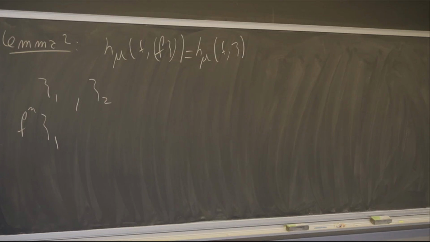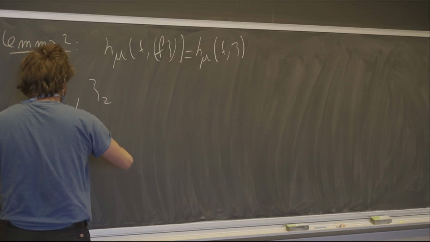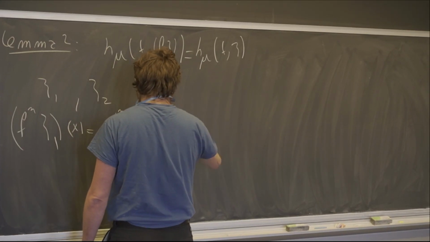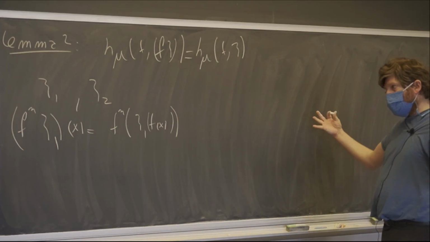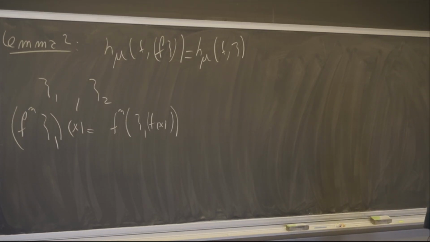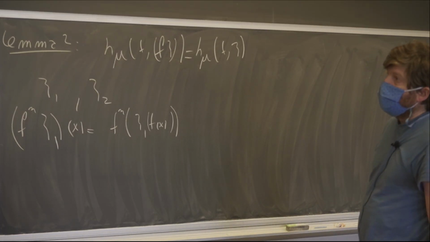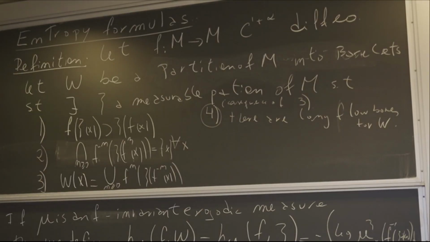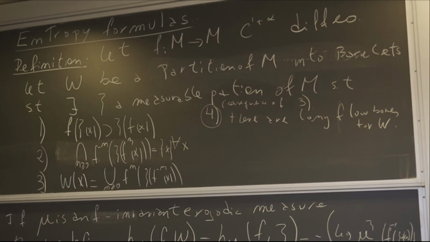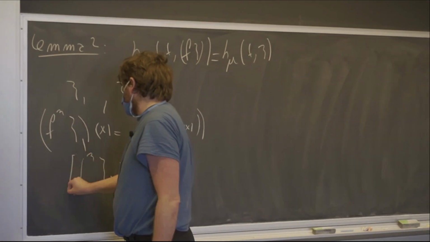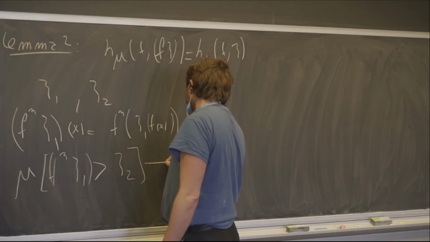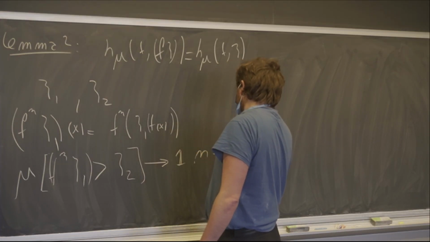So you iterate this partition. You make the atoms increase, and then you use property 3 and property 2 and all the properties you have over there to make sure that the measure of the set of points where this is true goes to 1 as n goes to infinity.